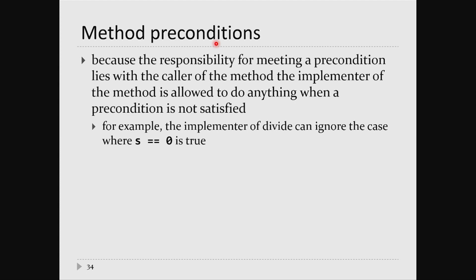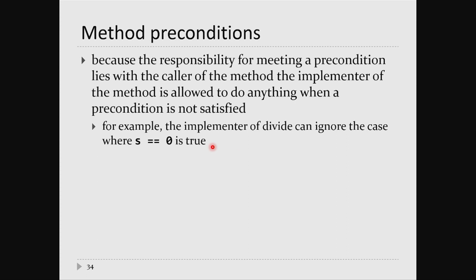If you're the one implementing the method, you don't care if the precondition is met or not. You just go ahead and do whatever it is you're going to do. As far as dealing with preconditions and postconditions is concerned, the implementer can do whatever they want, because the responsibility is supposed to fall on the caller.